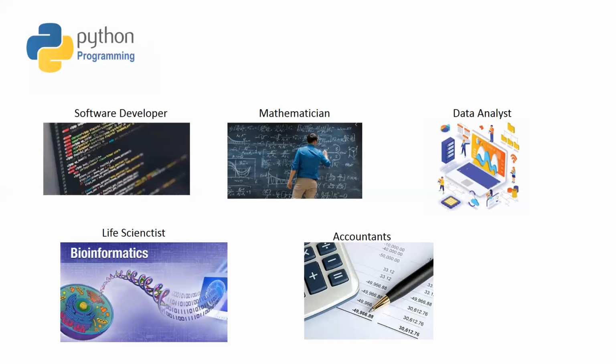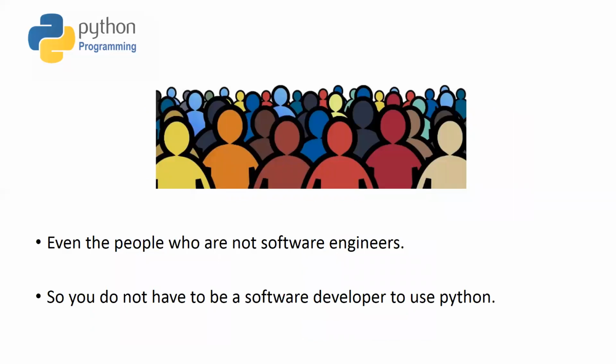They are a small number of groups, but it is being used by a large community from different departments of life. So as you can see, because of the simplicity that we will see later, Python is not only being used by software engineers or developers itself. It's being used by many other people who do not have any big programming experience before.